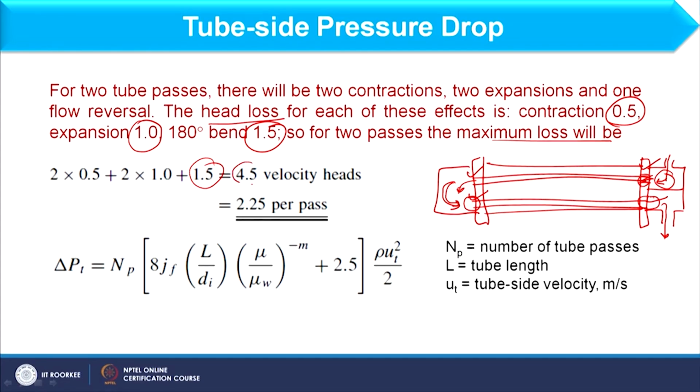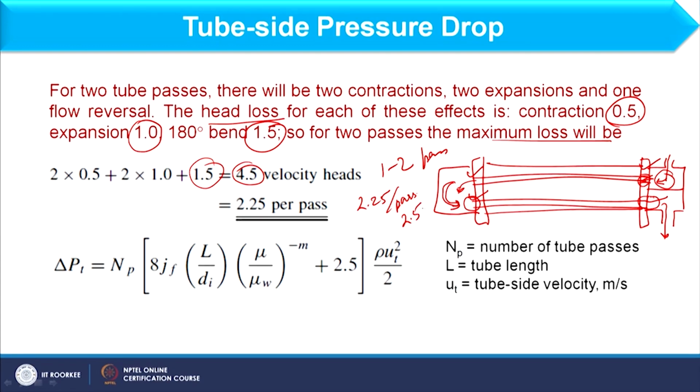So, a total of 4.5 velocity heads is there when I consider 1-2 pass, okay. So, 2.25 head loss is there per pass, right. Researchers have given a round number, that is, instead of 2.25 they have mentioned 2.5, okay.